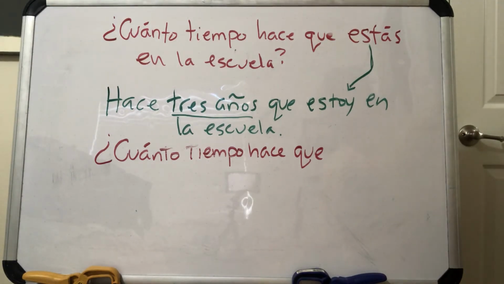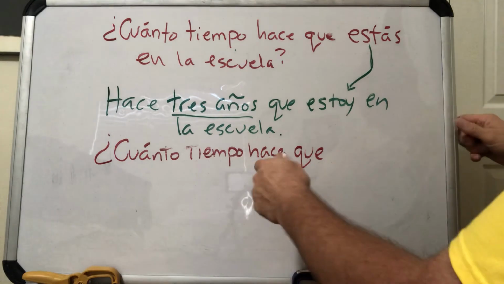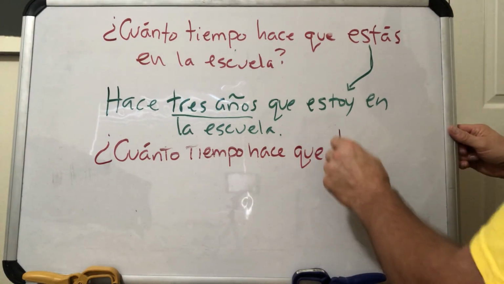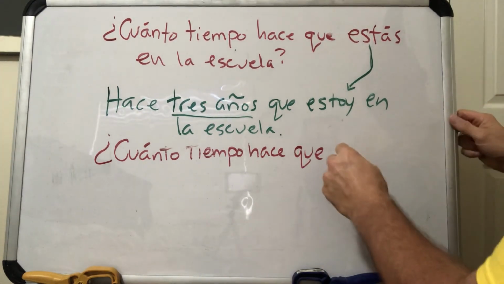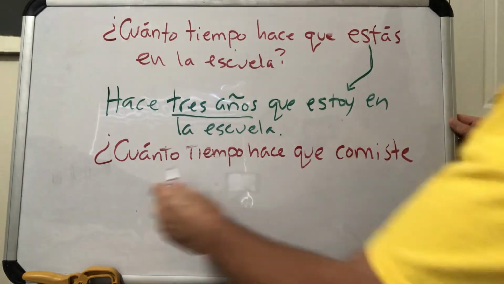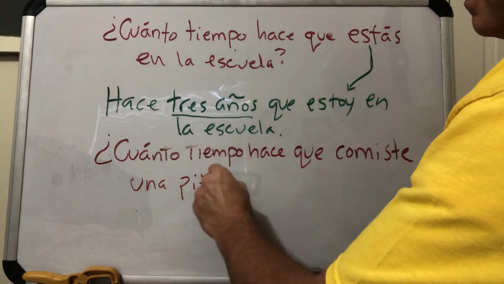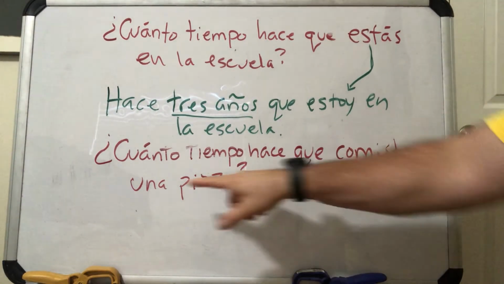All right, now let's do this one. Let's talk about how long it has been since you've had a pizza. Cuánto tiempo hace que, we'll use comer. We've already talked about ER verbs. Que comiste, again, this one is preterite, una pizza. So how much time does it make that you ate a pizza?